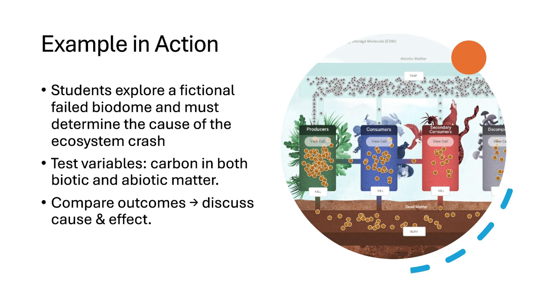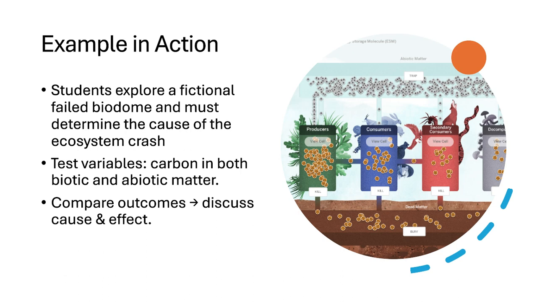And they must determine what caused the ecosystem to crash in this fictional biodome, similar to the biodome project that was back in the early 90s. So students are introduced to the problem, and throughout the unit they are using the simulation. Again, they're using hands-on manipulatives.